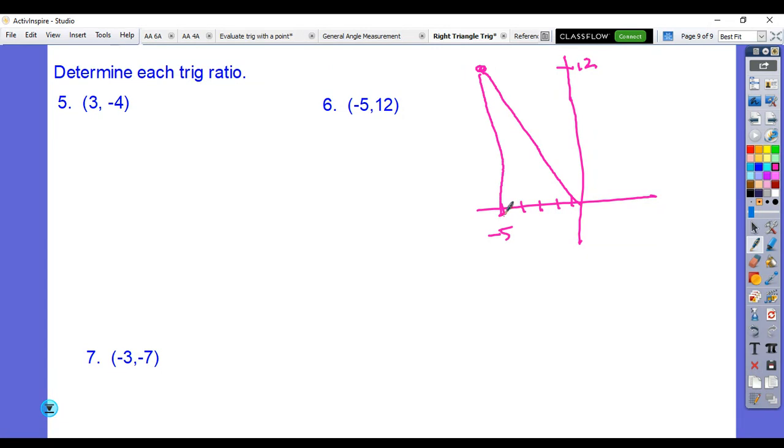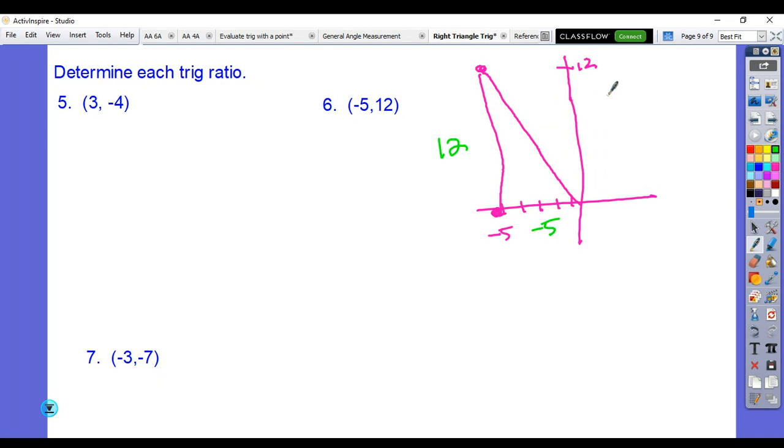Now, this is super sloppy. This should be straight, but you're always connecting to the x. Every single time connect to the x. That's also going to be extremely important for next week's lesson. All right, so now I'm going to label my sides. This is -5 for the x, 12 because I went up 12 for the y.